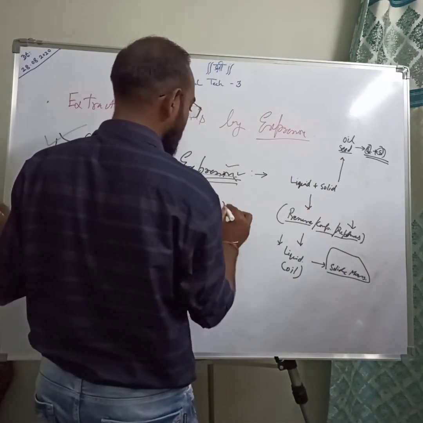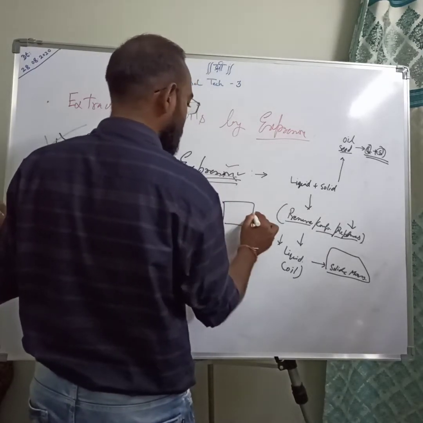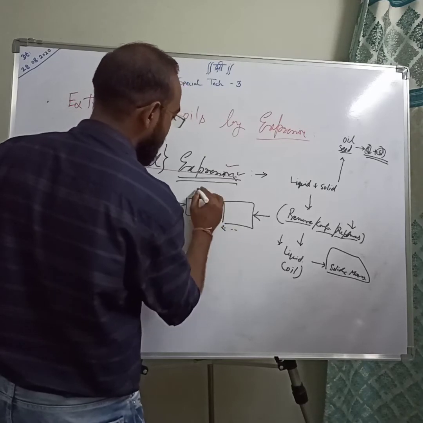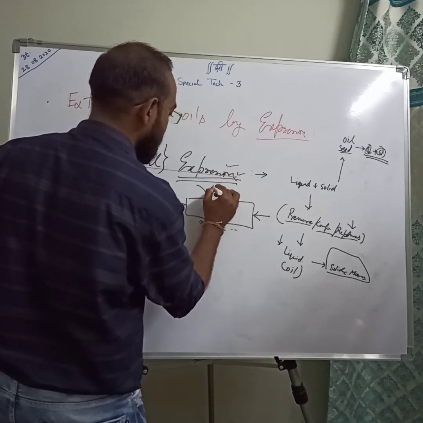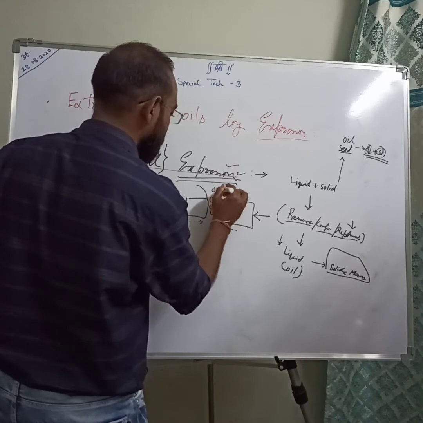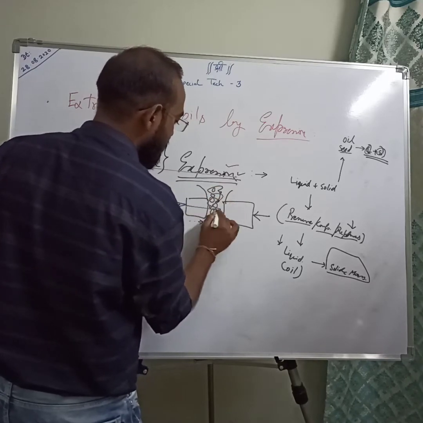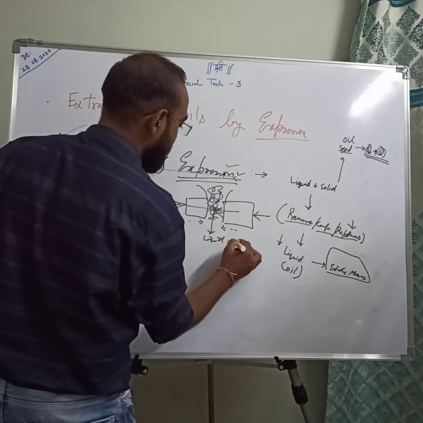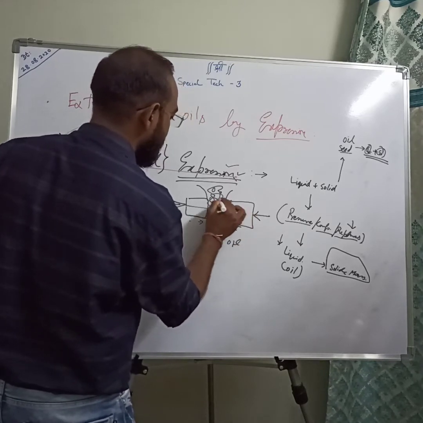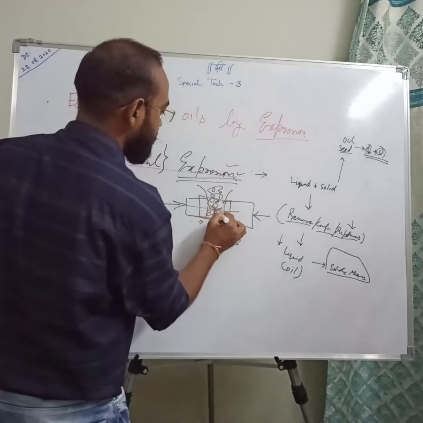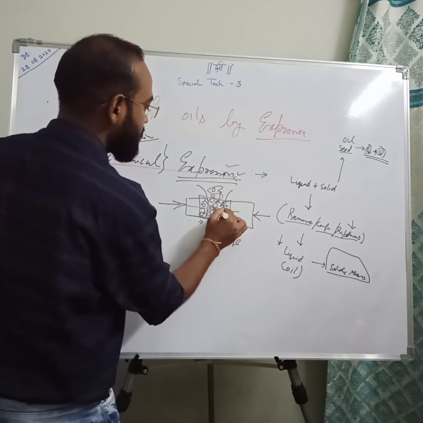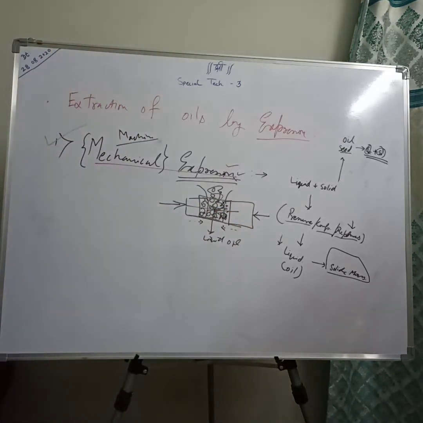If two plates are used with compression, the plates move in these directions, this is the hopper, and when the seeds are compressed, they give us liquid oil, and the solid seeds, or the oil cake, remain here. Instead of solid seeds, we say oil cake. This is known as expression.